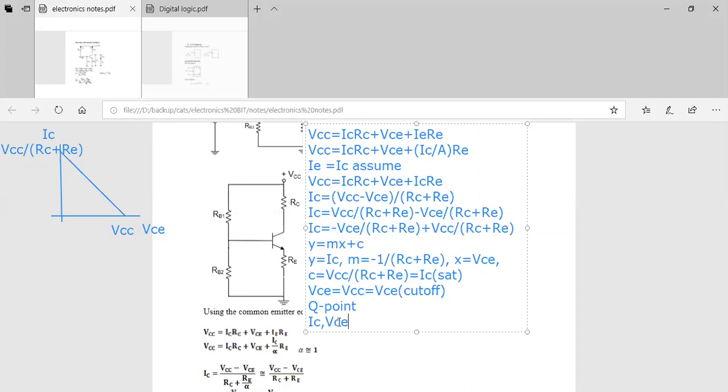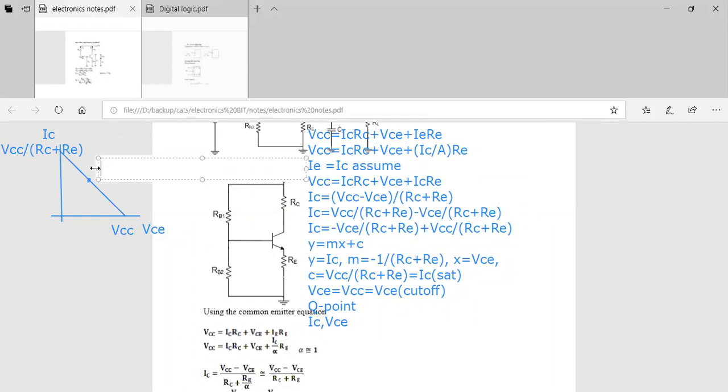That Q point can be anywhere along this line.